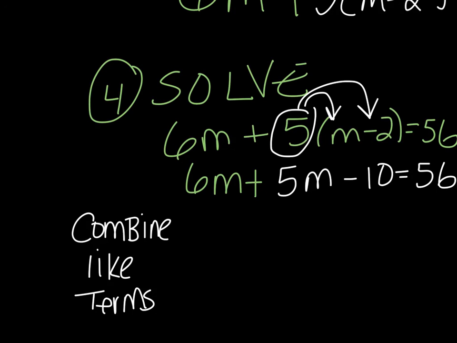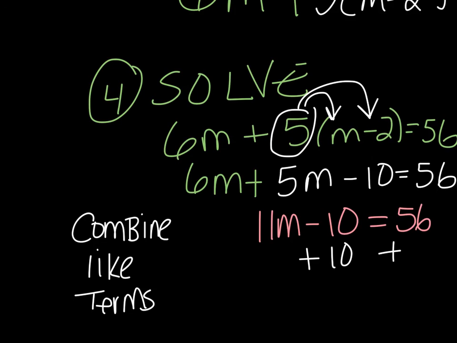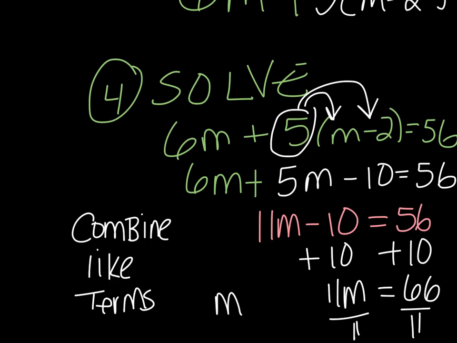So this becomes 11M minus 10 equals 56. To solve for M, I'm going to add 10 to both sides. 66 equals 11M. Divide by 11. M equals 6. And we're done.